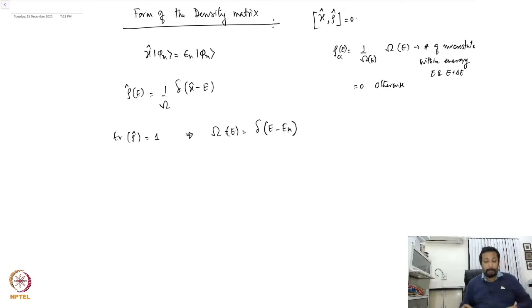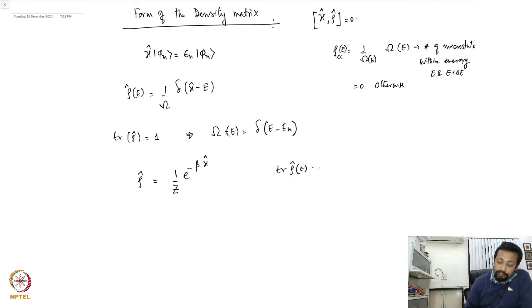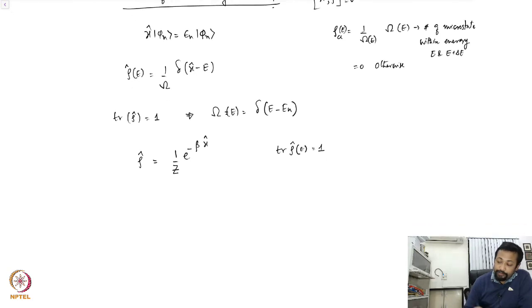Right? For a canonical ensemble, I have rho hat as e to the power minus beta H hat divided by Z. Again we use the condition trace of rho hat is equal to 1, and this would mean that Z is equal to trace of e to the power minus beta H, which is the sum over n, because I'm working in the energy representation, of e to the power minus beta En.